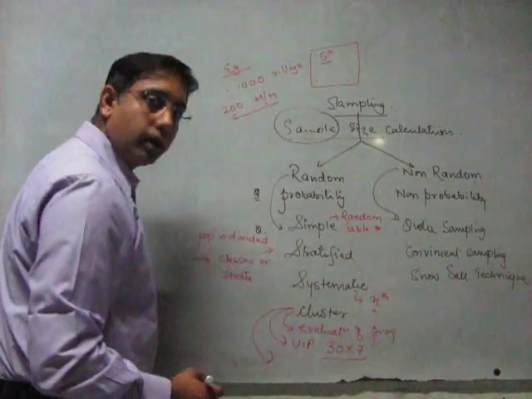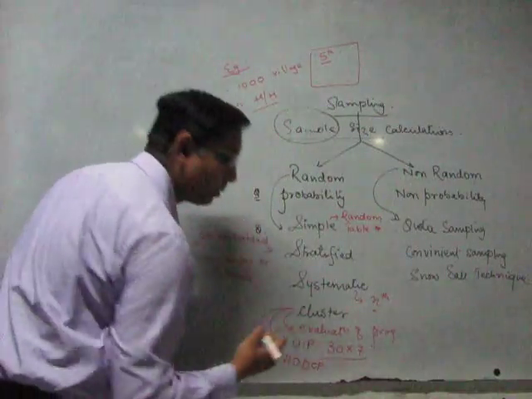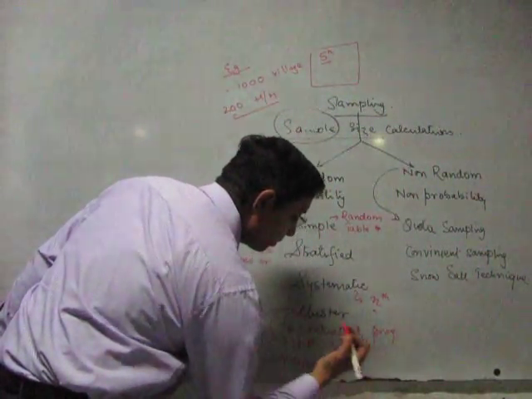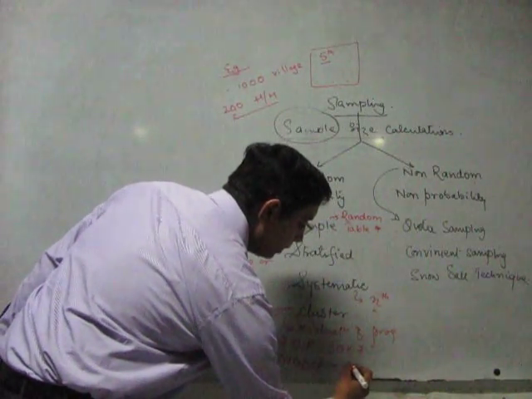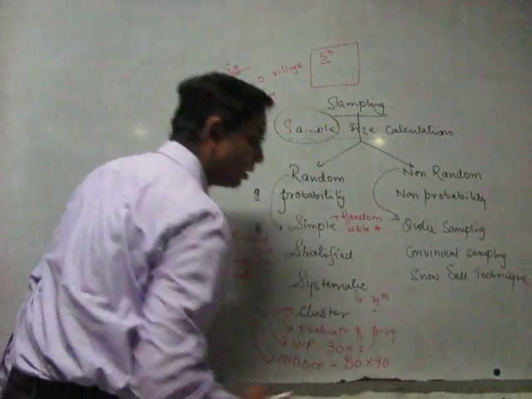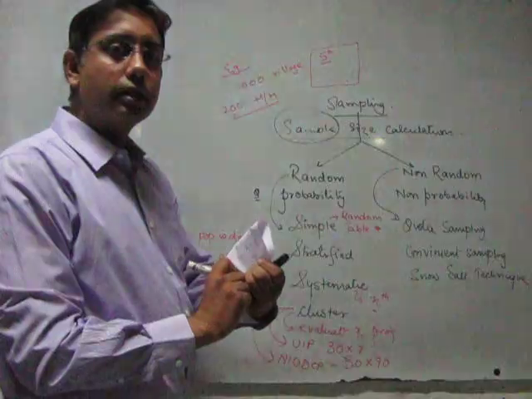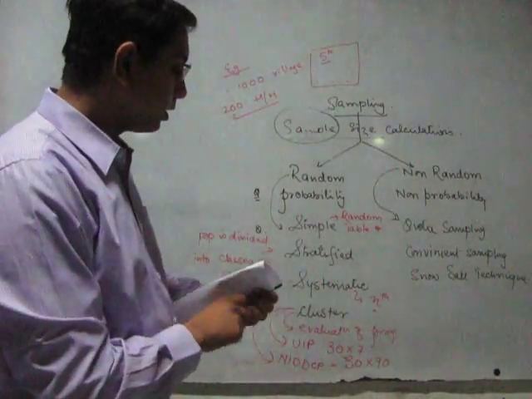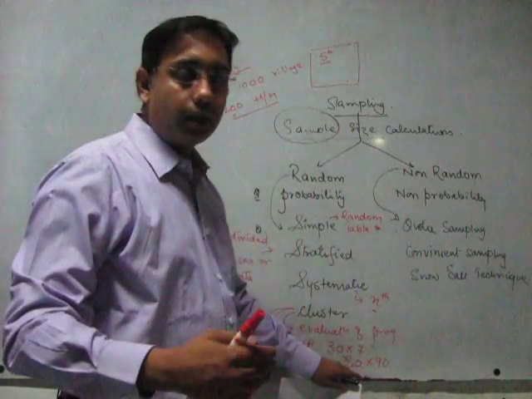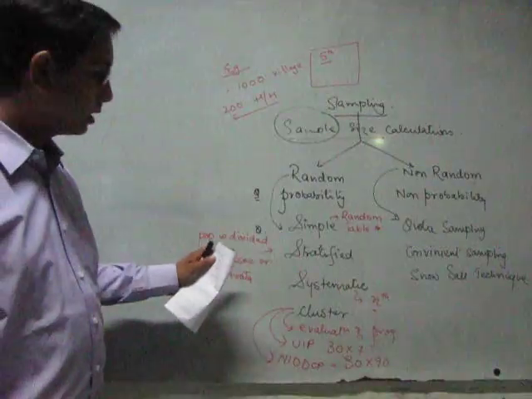Another MCQ regarding the National Iodine Deficiency Disorder Control Program, NIDDCP: for cluster sampling, we take 30 clusters, each having 90 children, and if all the children have an adequate amount of iodine, that means this program is running nicely.